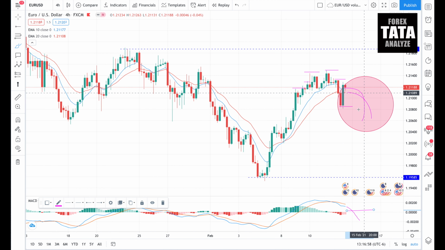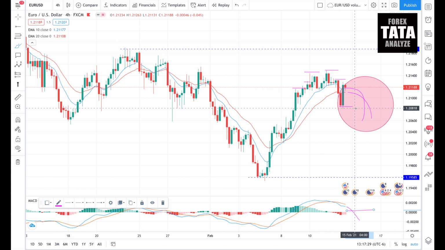Until that happens, we can talk about a long for maybe the next day or two. So far the market is pretty neutral because we don't know. We did not break this line, so we cannot say that we will go up. But this candle completely covered the previous one, and it says that we can possibly have movement to the upside.